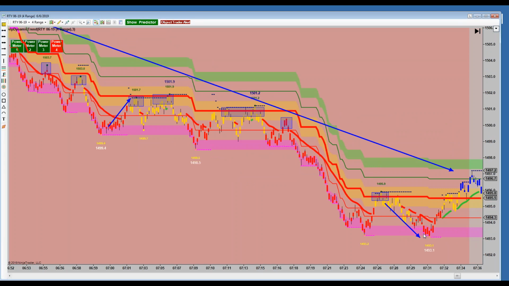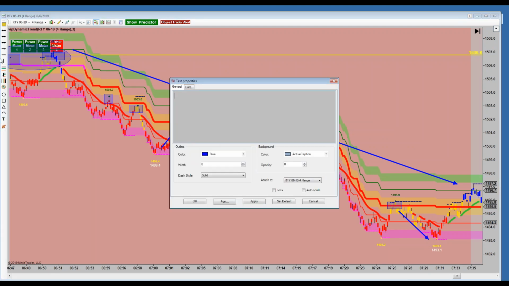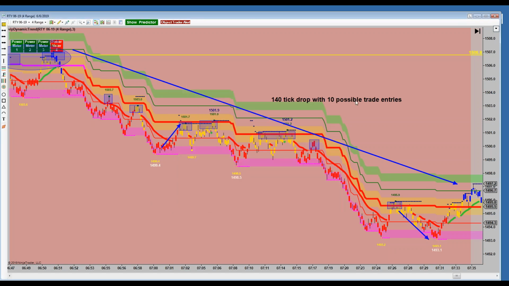Anybody? 140 ticks. This is a 140 tick drop with 10 possible trade entries.